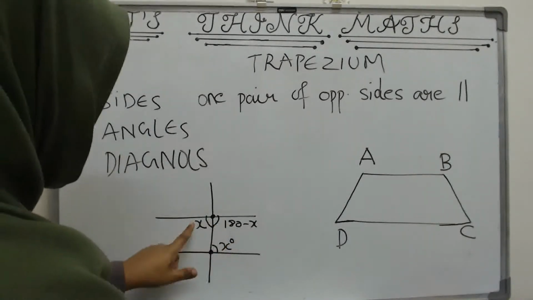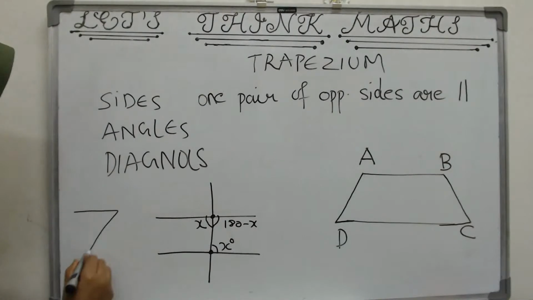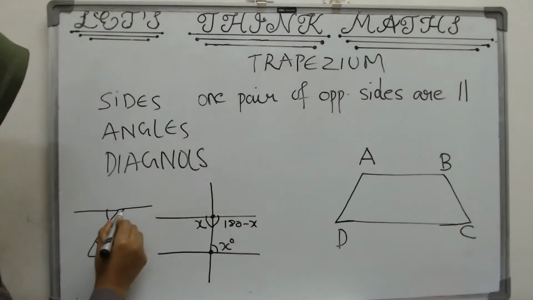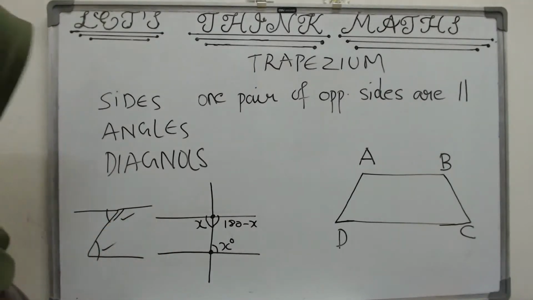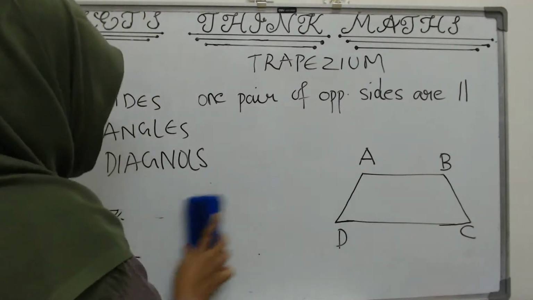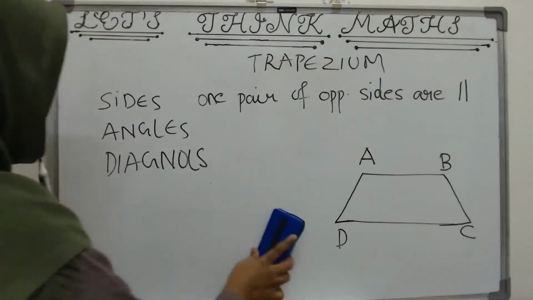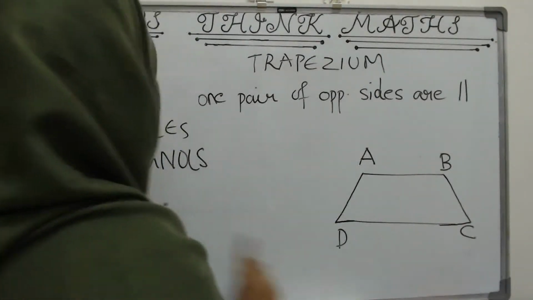If this is x, then this will also be x. That means if you have a Z-like figure, these two angles will be same and these two angles will be supplementary. So that is the property of the angle of a trapezium.